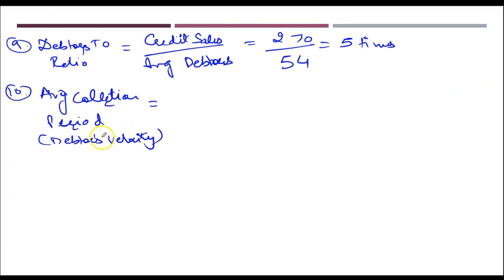So this also becomes very easy because of this ratio, you simply divide 360 days by your debtor turnover ratio.